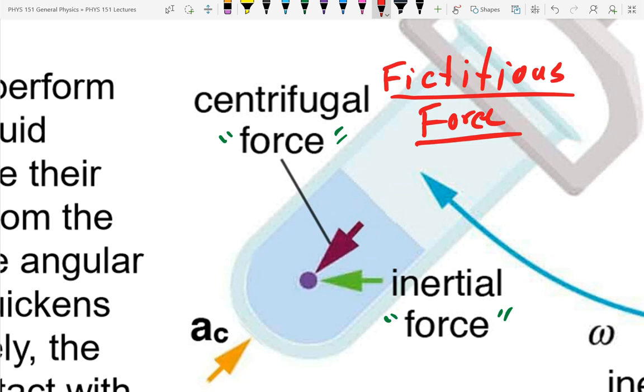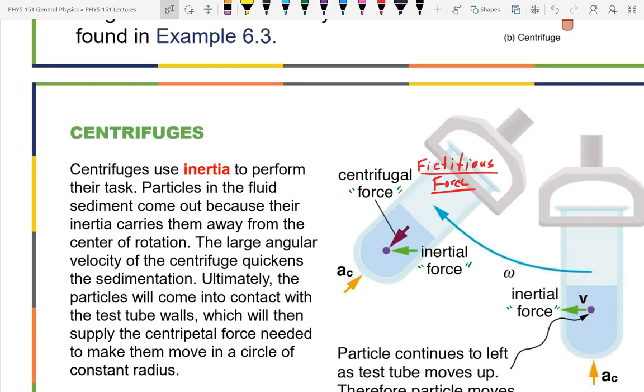And in a non-inertial reference frame, you actually have to have a force to stay put. And so that's where you have the centrifugal force becoming real. Inertial force, likewise, is fictitious. Inertia is not a force, it's what things do. But if you're in that non-inertial reference frame, it appears that what things do looks like there's a force acting.